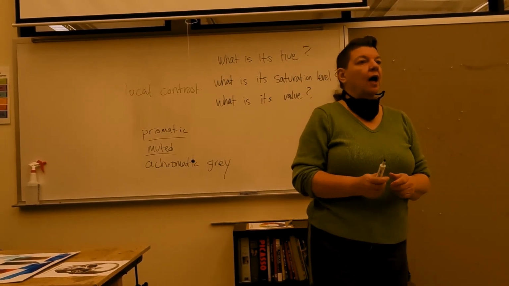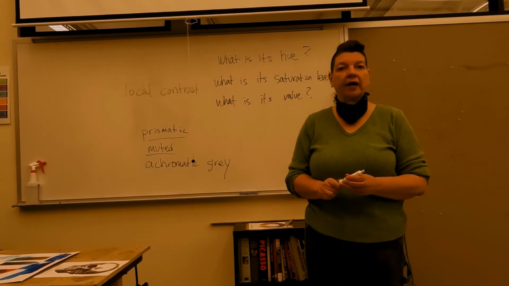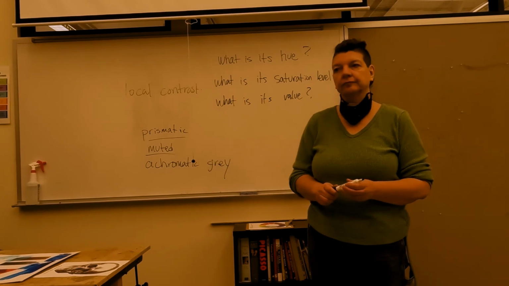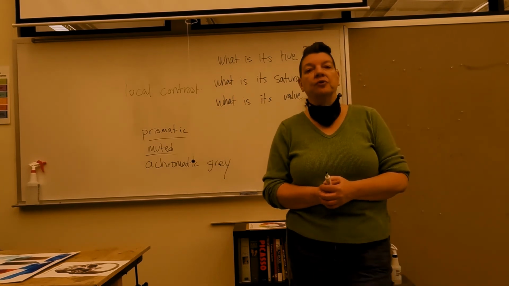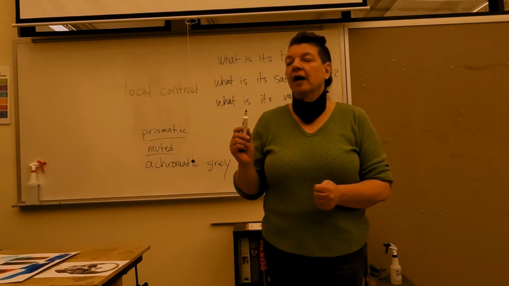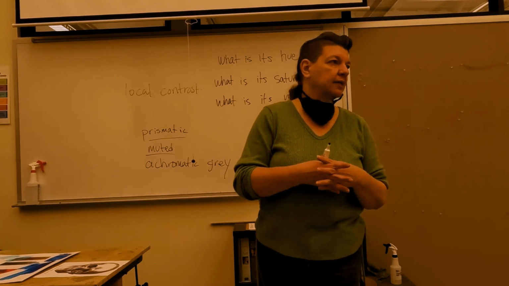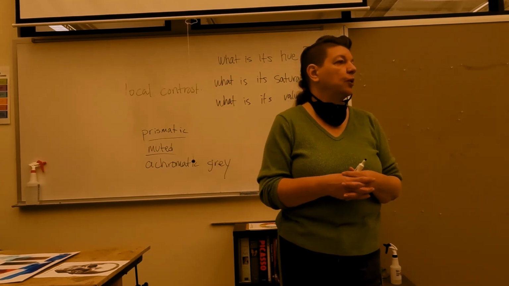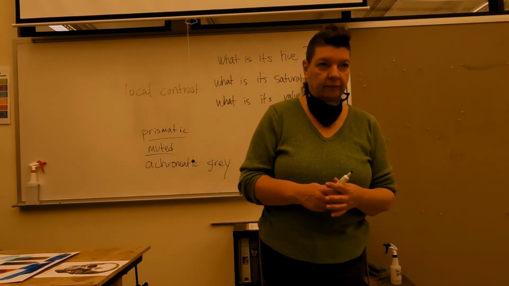Composition. Composition is how you place things on your paper. Composition has gone through many changes throughout history, okay? And we use compositional devices to actually help us to figure out how to put things on the paper quickly, okay?